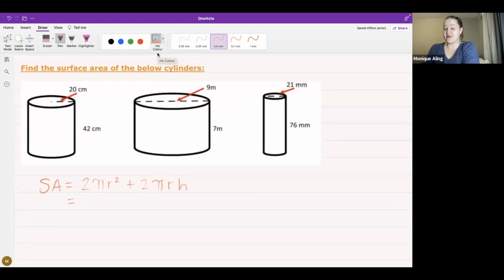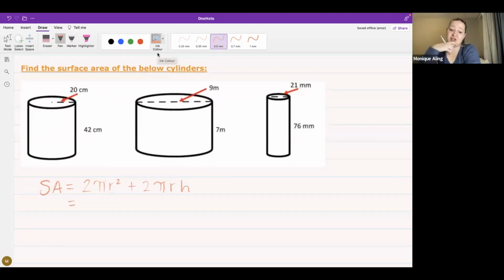Let's have a look. So now we're just substituting our dimensions into the formula. So it is 2 times 3.142 times our radius, which is given to us. We don't need to work it out. So it is 20 squared plus 2 times pi times 20 times 42.